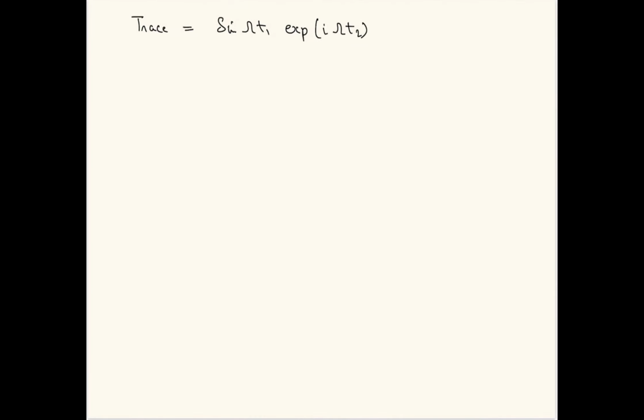This is the oscillatory part of the signal with an amplitude which is modulated by t1, right? And then of course you will also have the relaxation component, exponential minus t over T2. So this is the relaxation part, this is the oscillation, and this is the amplitude.